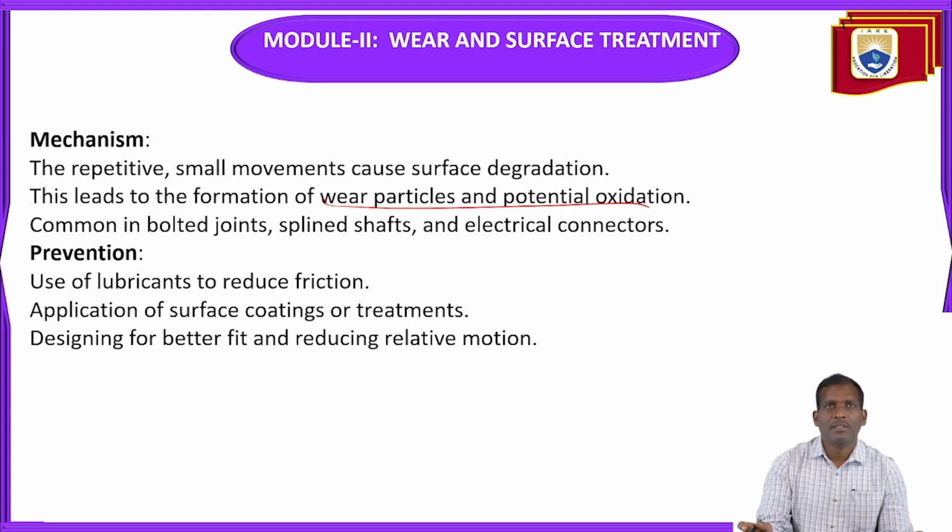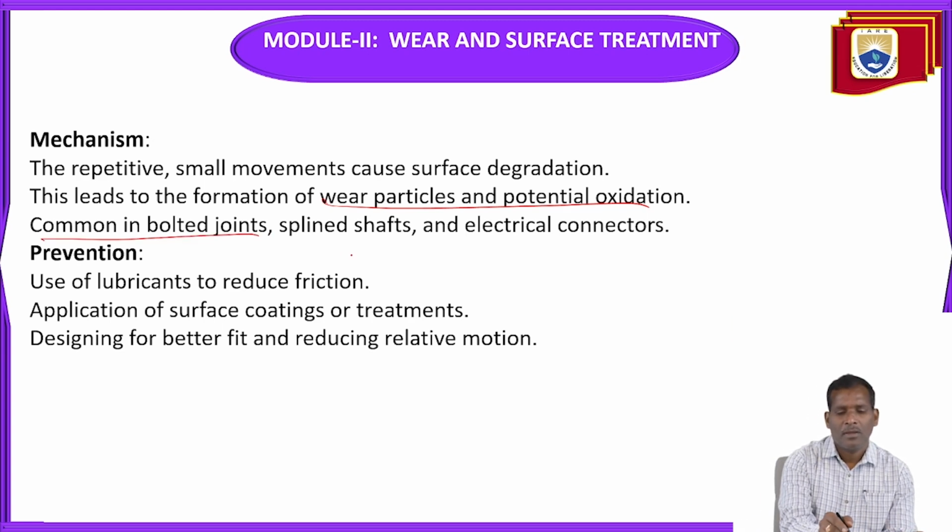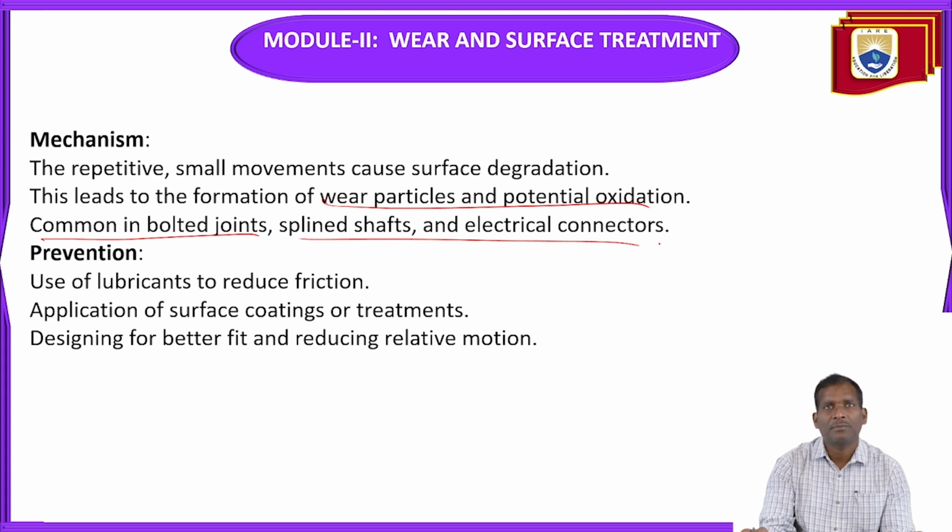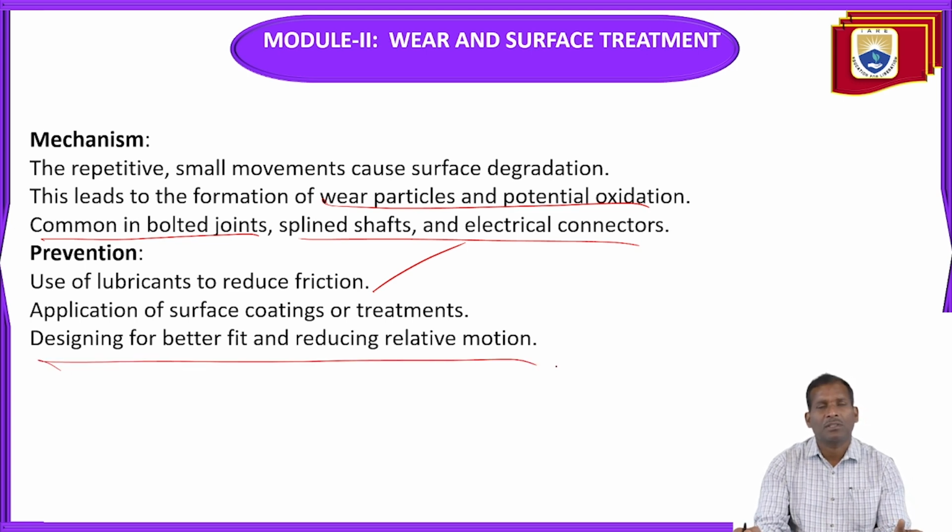It is common in bolted joints, splined shafts, and electrical connectors. The prevention is use of lubricants to reduce friction, application of surface coatings or treatments, and designing for better fit and reducing relative motion. These are the preventing methods.